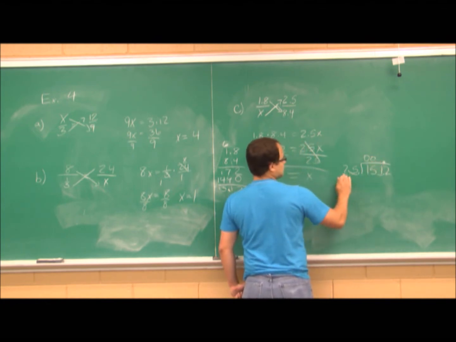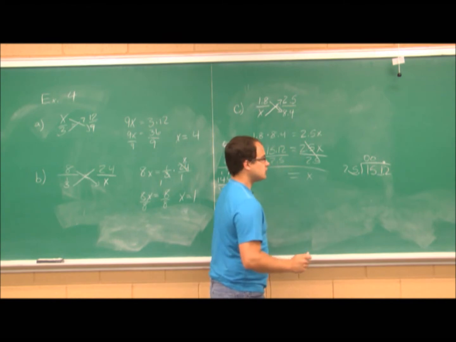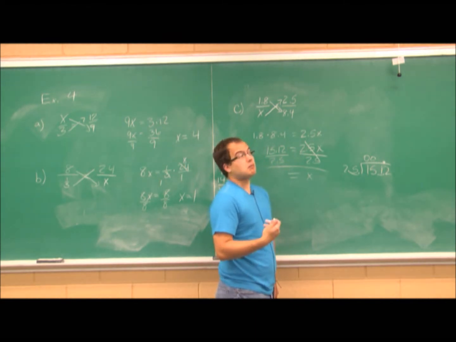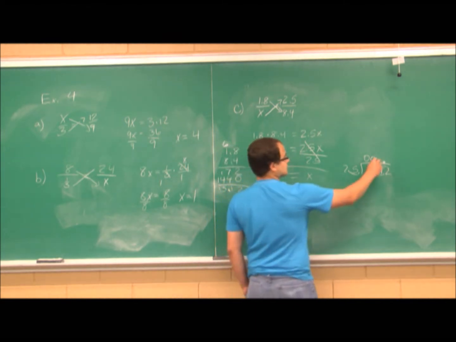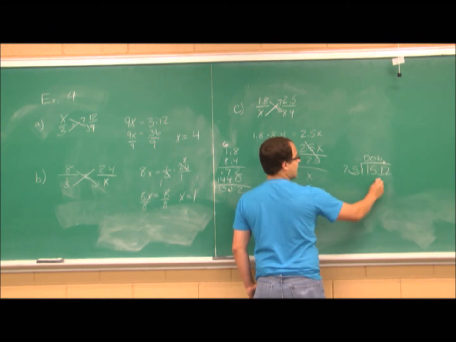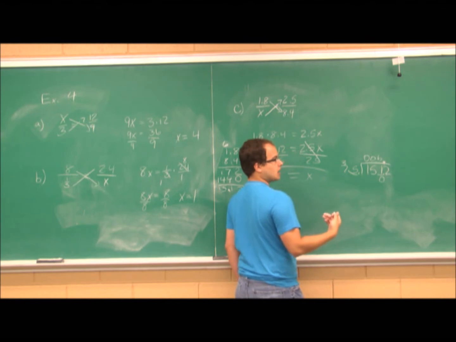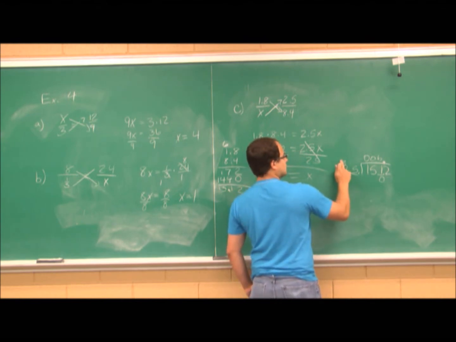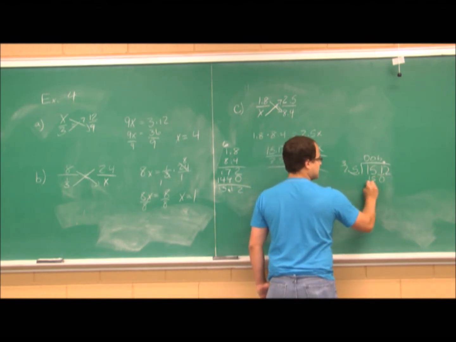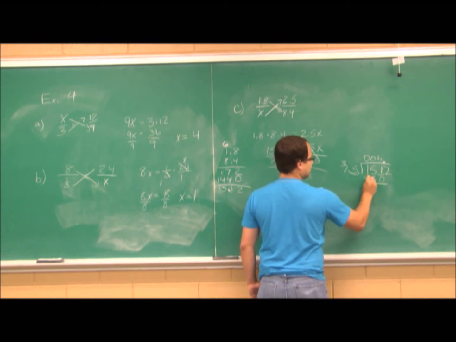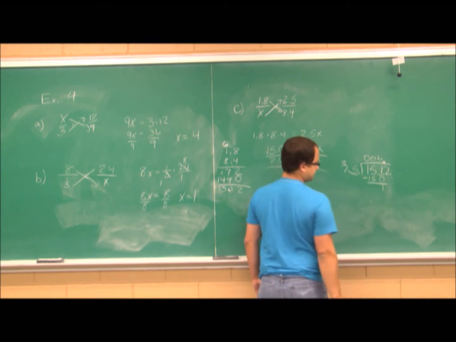No. Does 25 go into 151? Yes. About how many times? 6. 6 times 5 is 30. 6 times 2 is 12, plus 3 is 15, so 150. 151 minus 150 is 1.